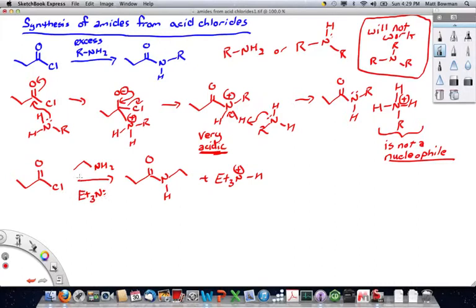Triethylamine won't add to the acid chloride because it doesn't have any way of removing one of these groups, meaning nitrogen adds here, electrons go up, and these electrons come down, kick off the chloride.